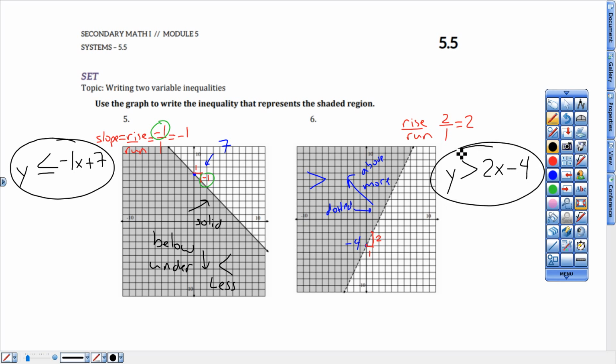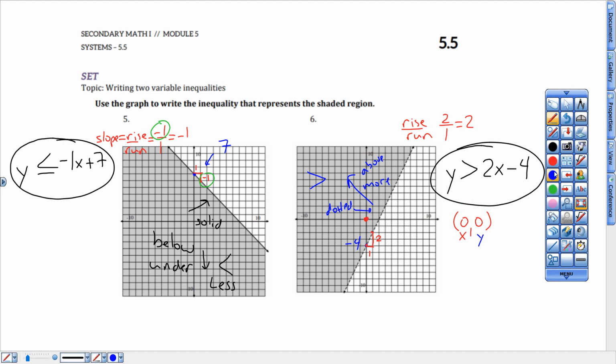If I was to plug in a point to check, please write this down too. The third word happens to be check it. So I want you to check this point right here, 0, 0. Plugging in 0 for x, 0 for y, into this inequality right here. This is where I'm plugging them in.